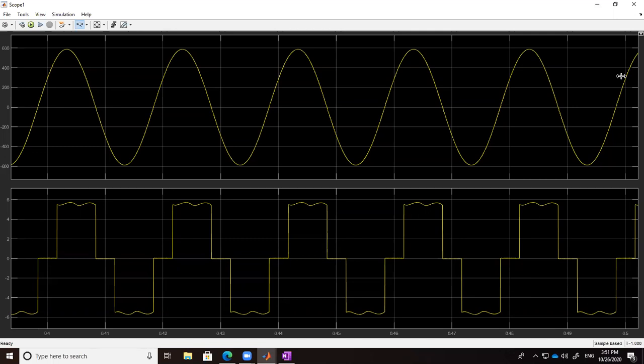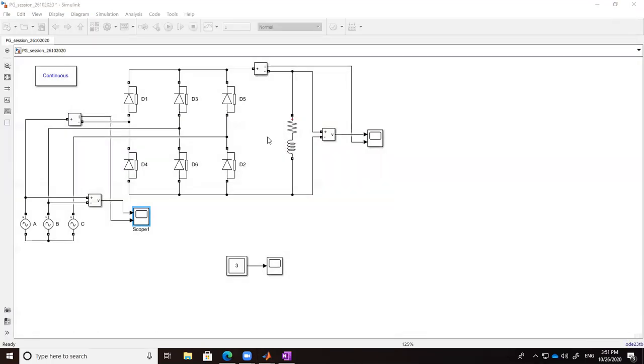So this is what happens when you connect a three-phase bridge rectifier, an AC to DC converter. Now you might think that after this I can put a DC to DC converter and charge the battery directly. Okay.